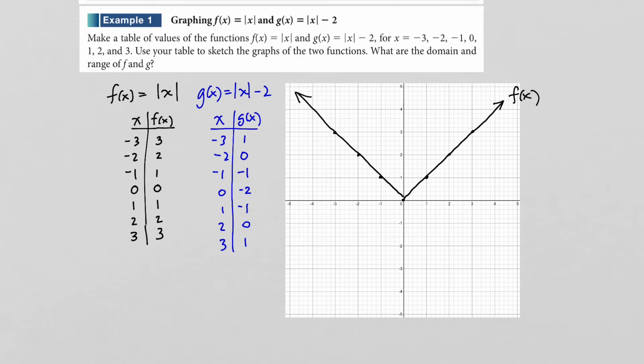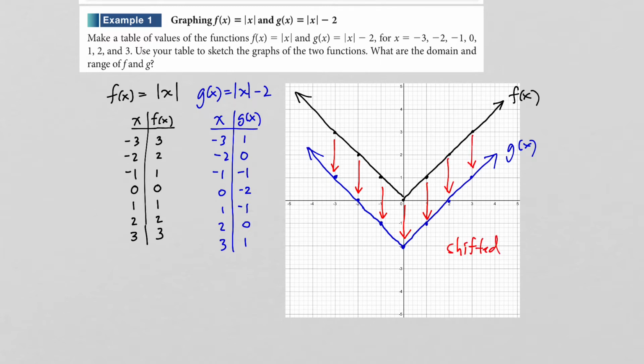And now let's just sketch these points. And when you do that, you can see that g of x has the exact same shape as f of x, but we have taken the graph of f of x and we have shifted it downward 2 units, right? Every point on the graph of f of x was shifted down 2 units.